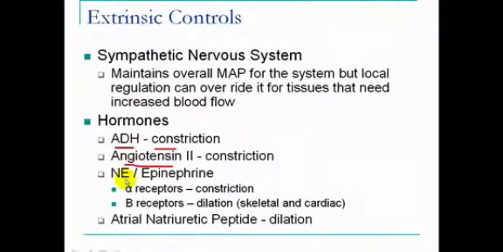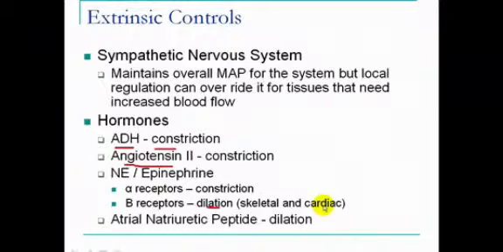We already learned about norepinephrine and epinephrine in your sympathetic nervous system. Now, when these hormones bind to alpha receptors, it causes vasoconstriction. So overall, it's going to increase your systemic blood pressure when you're in sympathetic. But there are a few areas where they actually cause dilation. Remember, skeletal muscle and cardiac blood vessels, because your heart's going to need a larger supply of blood, and so will your skeletal muscles.